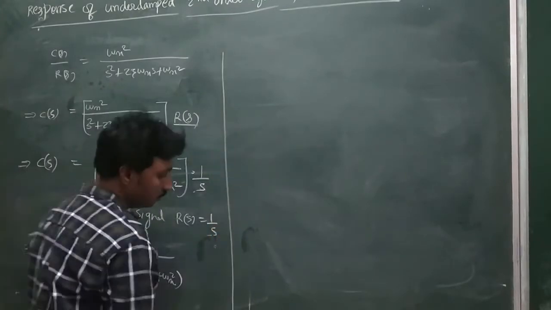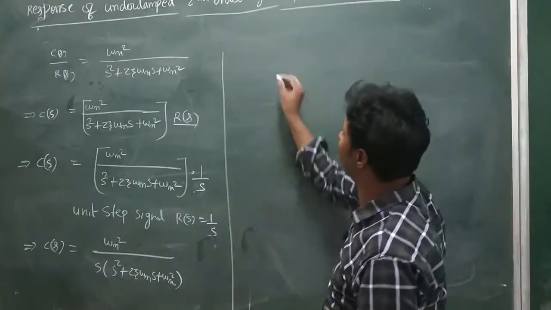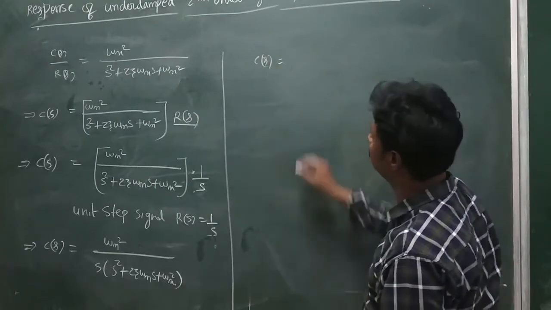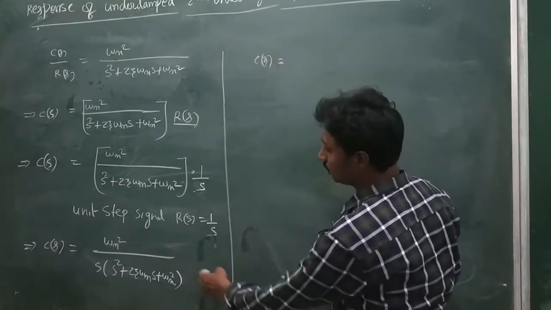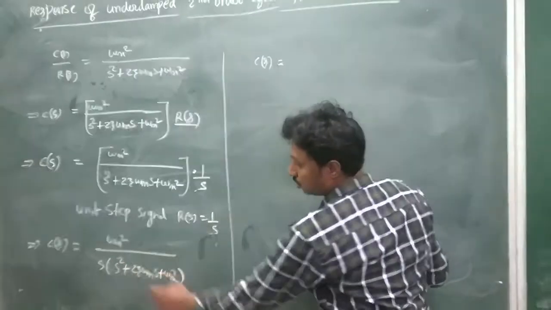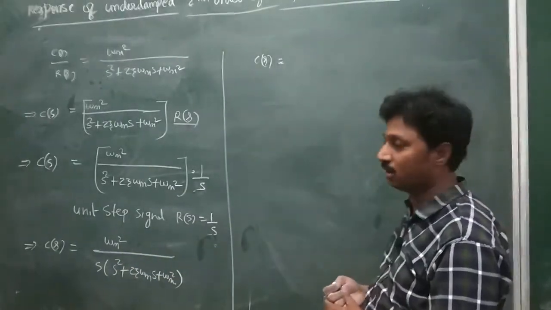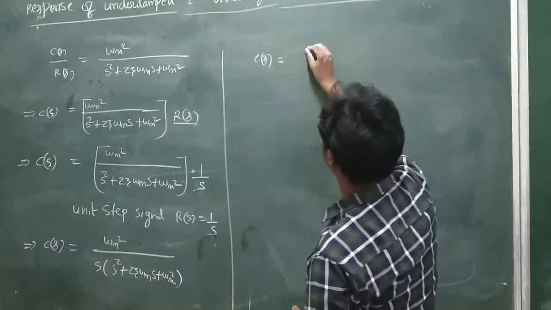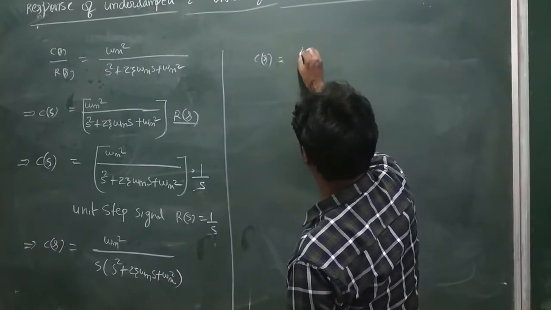Here C of s is equal to omega n square by s into s square plus 2 zeta omega n s plus omega n square. So now we have to apply the partial fraction method.